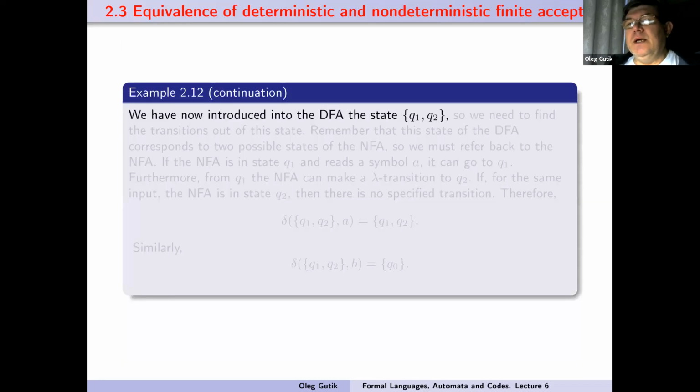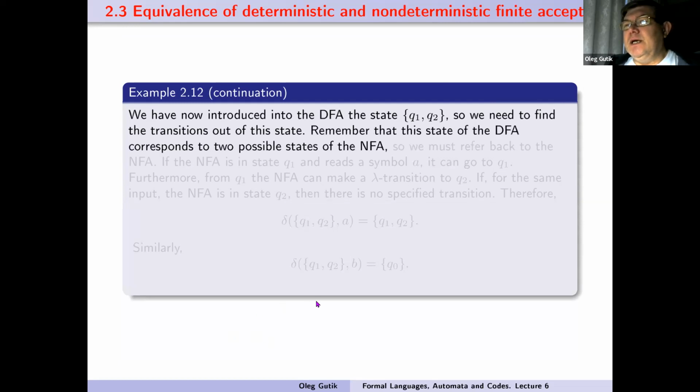So we have now introduced into the deterministic finite acceptor the state Q1, Q2. So we need to find the transition out of this state. Remember that the state of the deterministic finite acceptor corresponds to two possible states of the non-deterministic finite acceptor. So we must refer back to the non-deterministic finite acceptor.